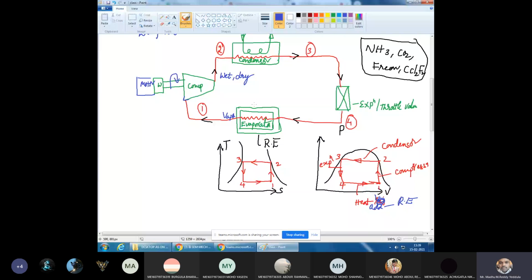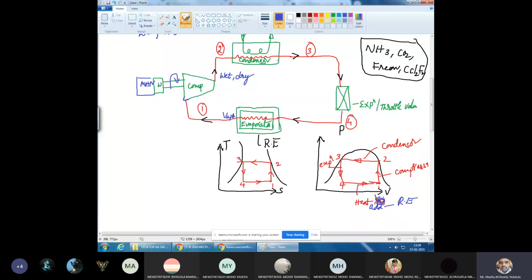These refrigerant compressors may be either rotary type or reciprocating type. If the plants have higher capacity, we can go for the rotary compressor. So this is about the compression process.